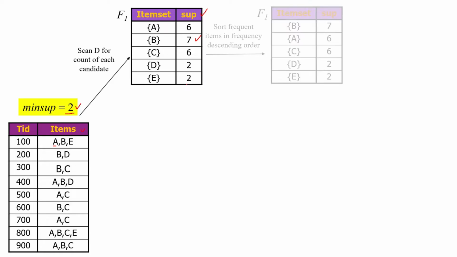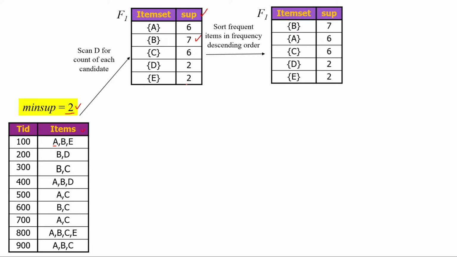So from this frequent one item set, we have to arrange these items into the descending order of their support count. So like B occurs 7 times, so it has maximum support count of 7, so we place it at the top of the table. Then we have to place the item set that has support count of less than 7, which is A with 6, then C with support count of 6, and D with support count of 2, and E with support count of 2.